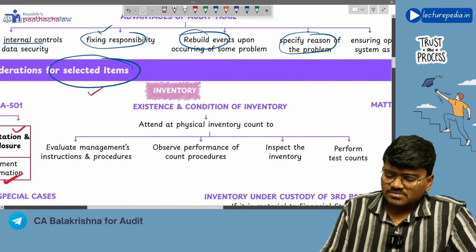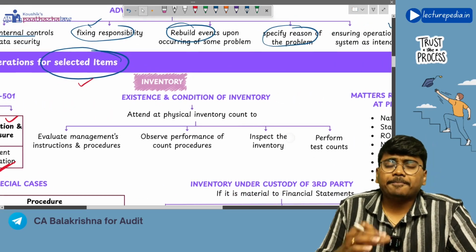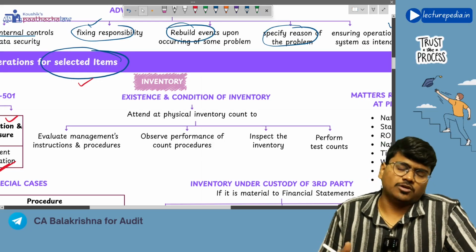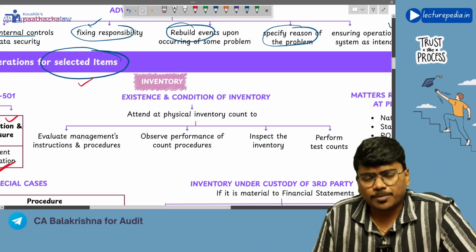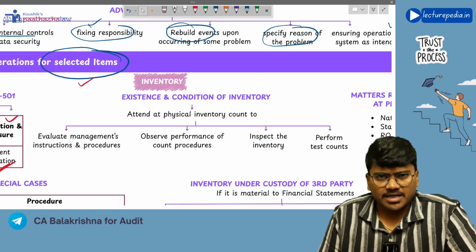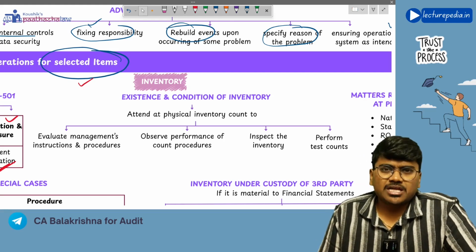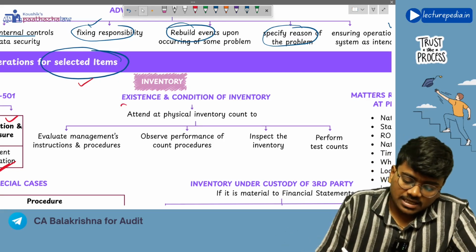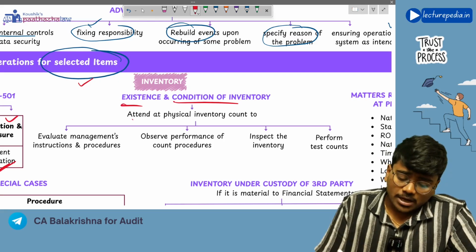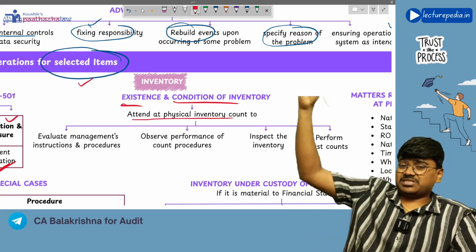With respect to inventory, for obtaining evidence related to existence of inventory, what audit procedure will you perform? Of course you will perform physical verification of inventory, correct or not? The same thing is prescribed by the standard also. For existence and condition of the inventory, you have to attend the physical inventory counting.